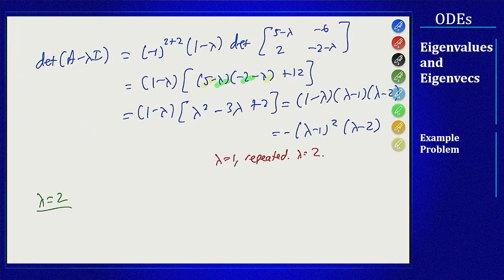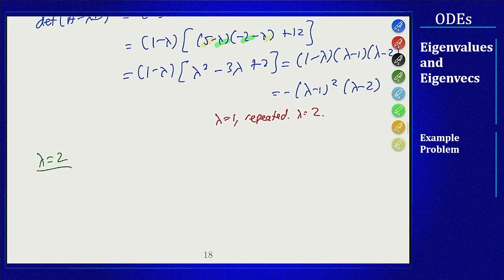Looking at lambda equals 2, we want to subtract 2 off those diagonal entries, which gives us a matrix that looks like 3, 6, minus 6, 0, negative 1, 0, 2, negative 1, negative 4.